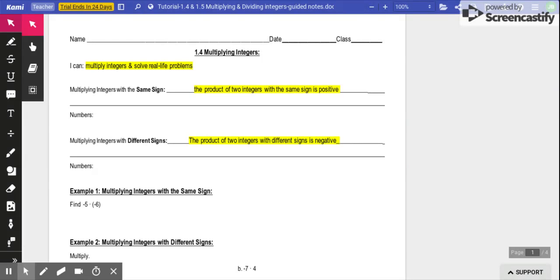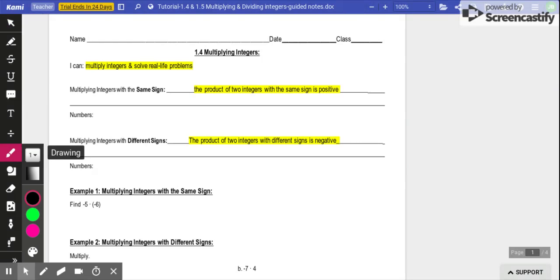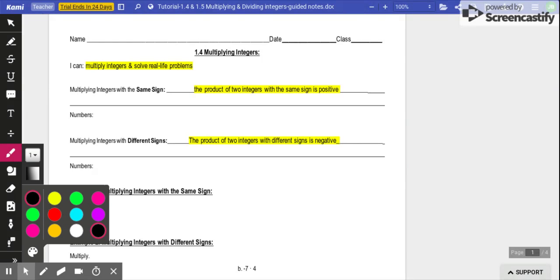Multiplying integers with the same sign. If we are taking two positive integers and multiplying them together, the product of those two integers with the same sign will be positive. For example, 2 times 3 will equal a positive 6.